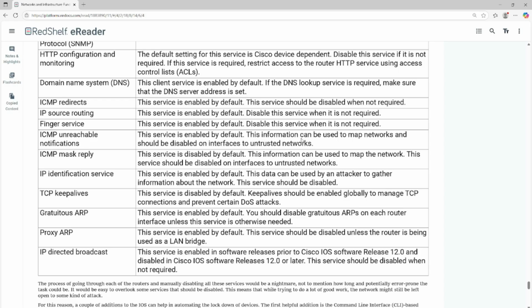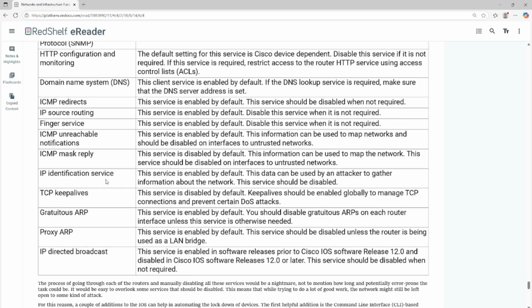So this information can be used to map networks and should be disabled. Here, for instance, you don't want an attacker or your neighbor to have an understanding of how your house is set up, because that is your secret recipe. If they understand how you do things internally, it makes you vulnerable. So you don't want to give that information out there.